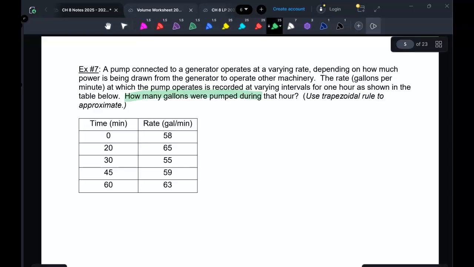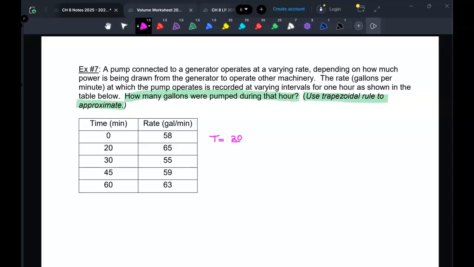We've actually done problems just like this already. Trapezoidal. Are they evenly distributed? No, so we have to do them separately.